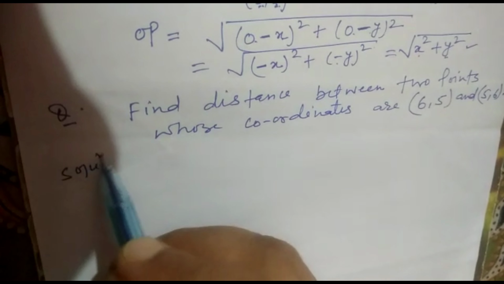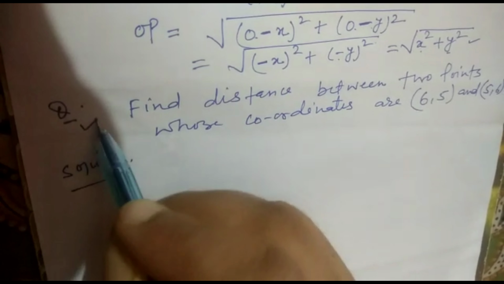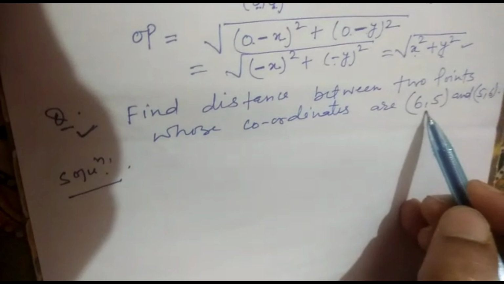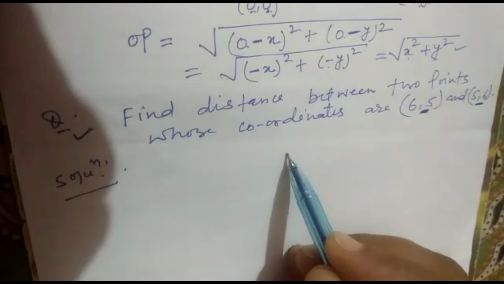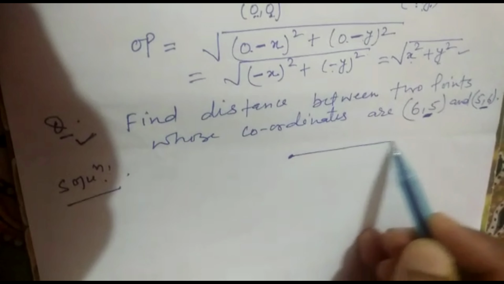See, very easy question. The first point, that is the initial point, is 6, 5 and the final point is 5, 6. There we draw a line segment.